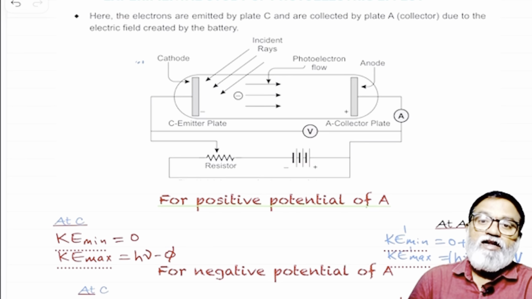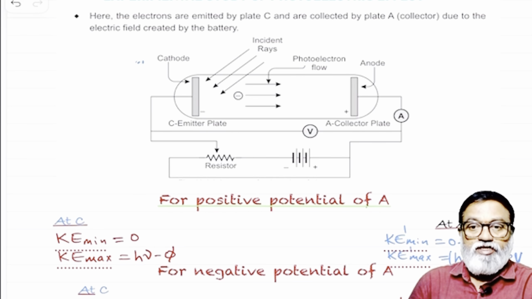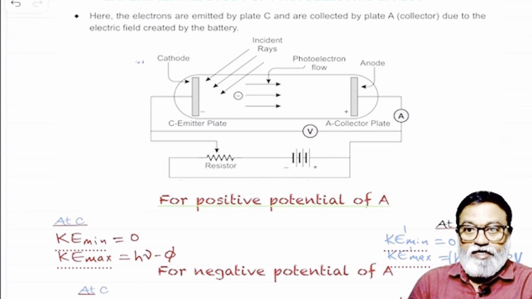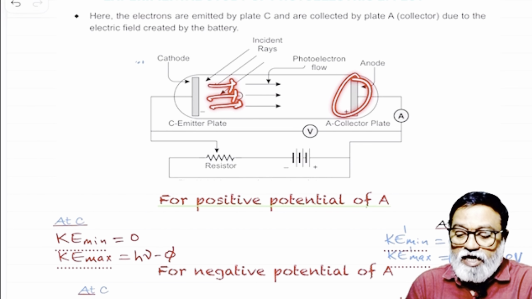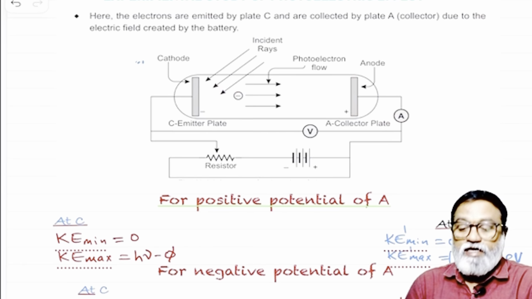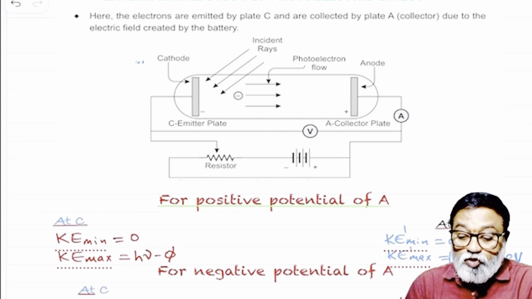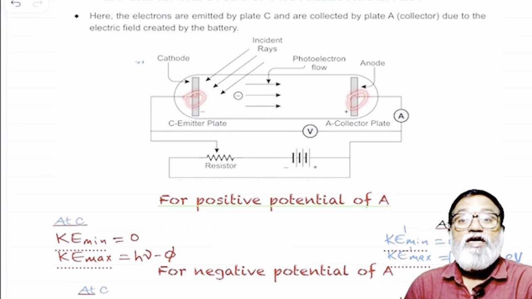From those electrons, some have zero energy and some have maximum kinetic energy. The maximum kinetic energy electrons will reach the anode. So a photoelectric current can be observed in this ammeter even when there is no potential difference between cathode and anode.